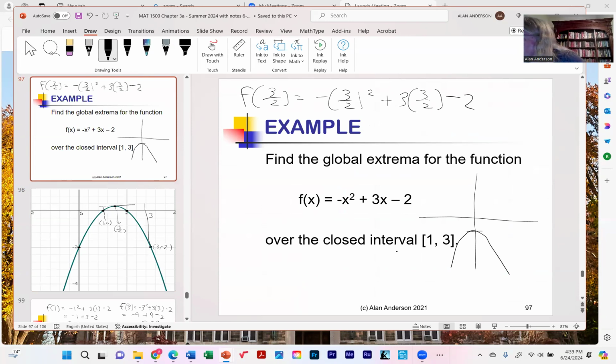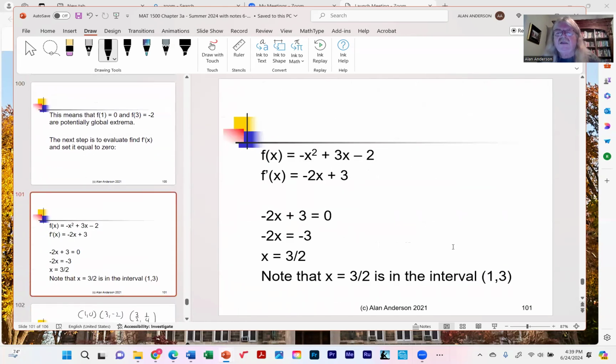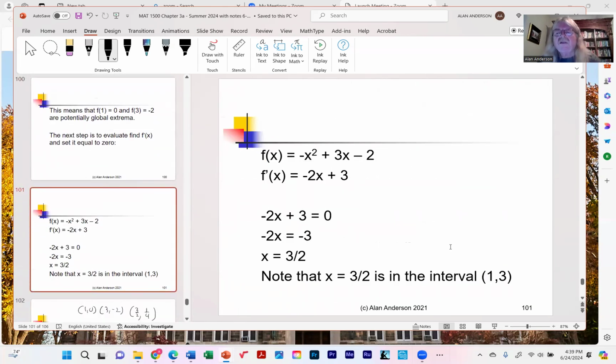And then we'll have minus 9/4 plus 9/2 minus 2. That can be rewritten as negative 9/4 plus 18/4 minus 8/4. So it's going to give us 1/4. All right, so we know that this is an extremum.